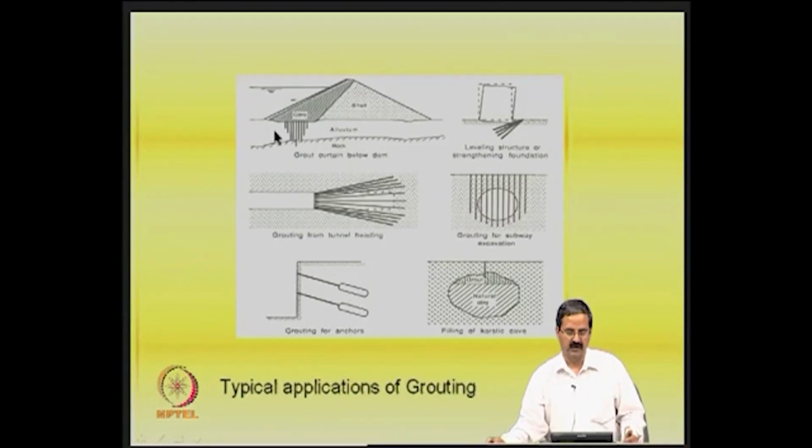The dam is supposed to store water, but if you have a very weak alluvium soil like this, then the problem is that permeation is there and you will not have water at all on the upstream side. So, what we do is grout this material so that there is no water flow, and then the head in the dam is maintained.